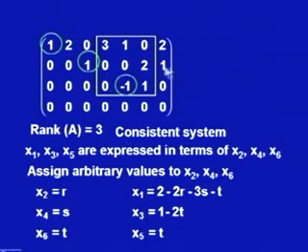From this equation I am getting this, and this equation is used for writing x5. On the right hand side we have 0 here. So we simply say x5 is equal to t.